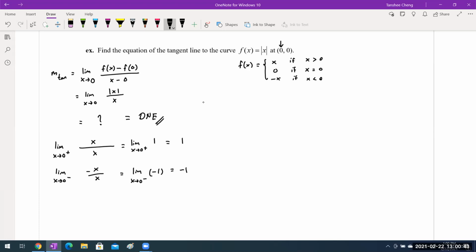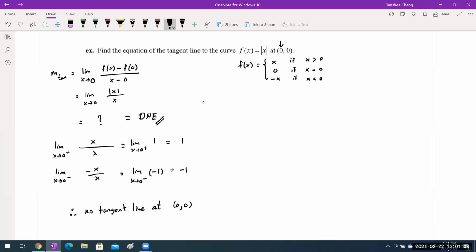And that basically tells us there's no slope of the tangent line. So if you don't have the slope, then you cannot find the equation of the tangent line. So now this concludes that there is no tangent line at 0, 0 for this function.